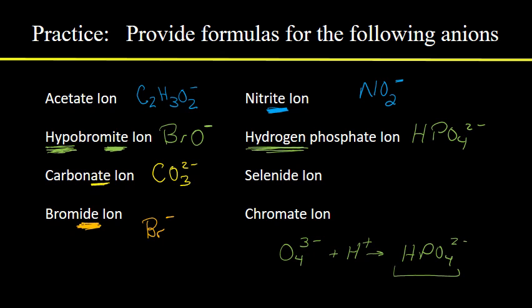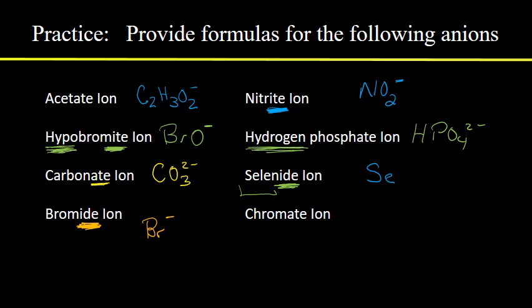All right, then we've got selenide. It's not one you see terribly often, right? But the fact that it ends in ide means that it's just a simple anion, right? Monatomic. Selen means that it's based on the selenium. So that's Se.